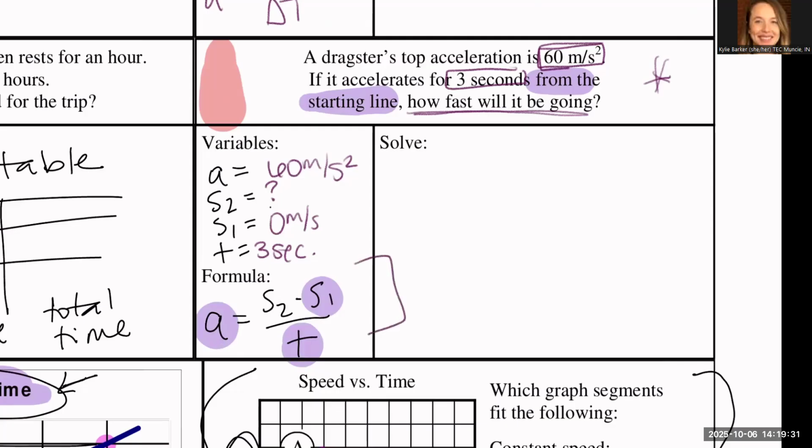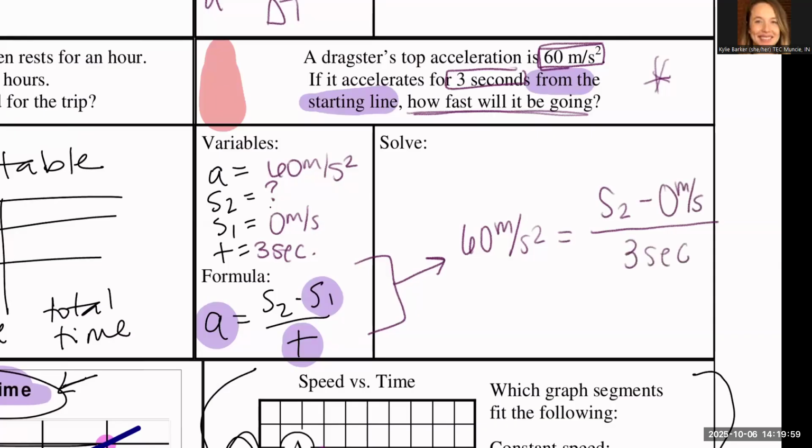So if I take this formula format, and instead of saying A, I say, okay, an acceleration of 60 meters per second squared is equal to speed 2 minus speed 1. Well, I don't know speed 2, so I have to just leave it as a variable. But I do know that speed 1 is 0 meters per second, and I know that time is 3 seconds.